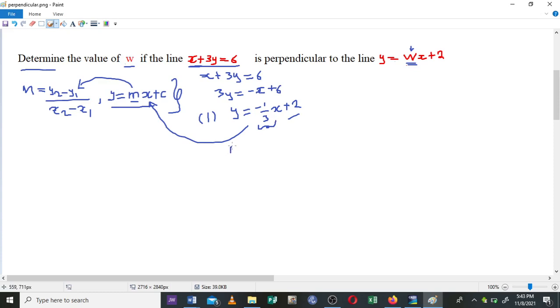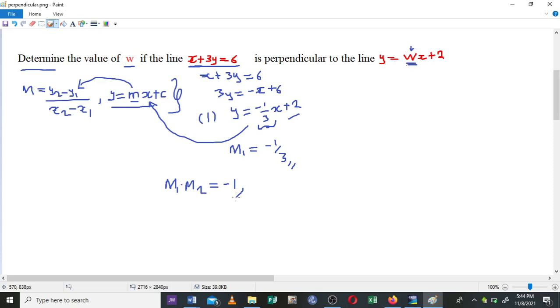So that means the gradient of this equation, which we are going to call m1, is equal to negative 1 over 3. Now you need to recall that if two lines are perpendicular, line 1 and line 2, then their product is always equal to negative 1.